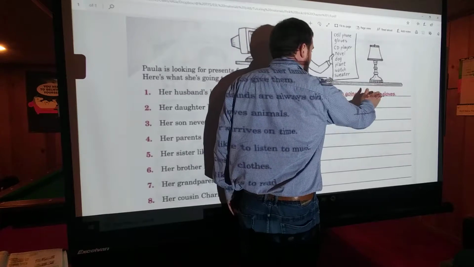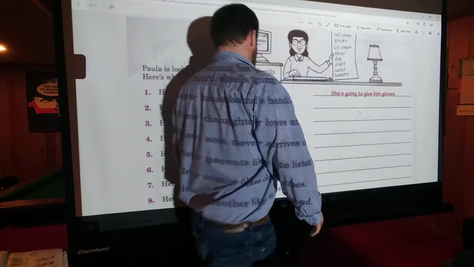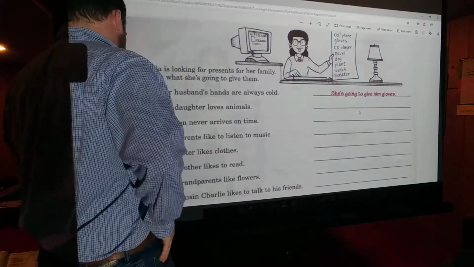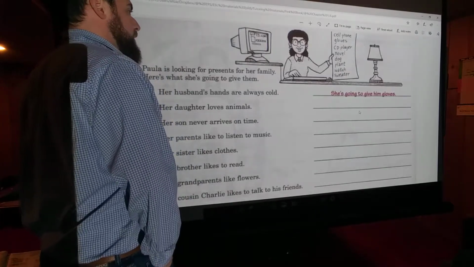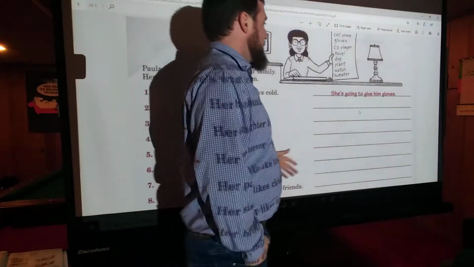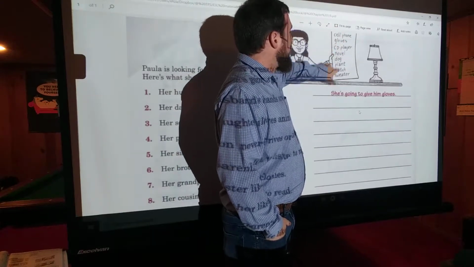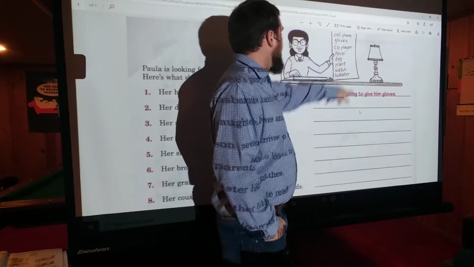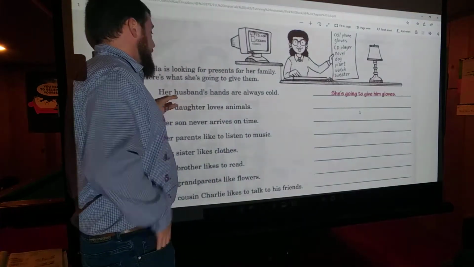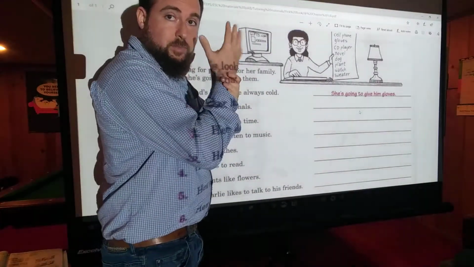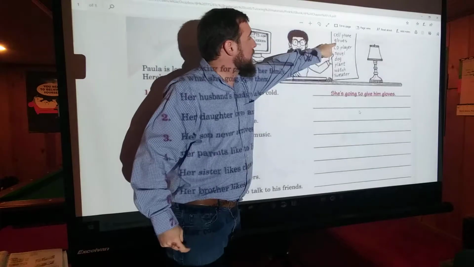She's going to give him or her or possibly them things. But now we have to match them with what we found on the list, okay, to fit this answer. Because hands are cold. What do we give someone with cold hands?